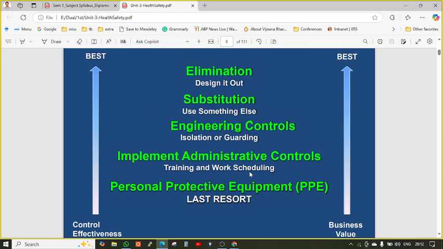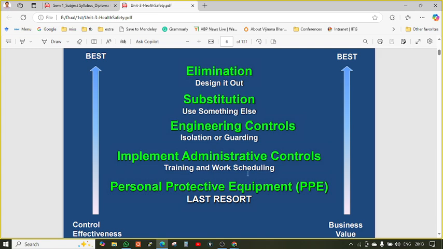Let's understand the five things which are part of environmental or safety practice. First is elimination, second is substitution, third is engineering control, fourth is administrative control, and fifth is personal protective equipment.